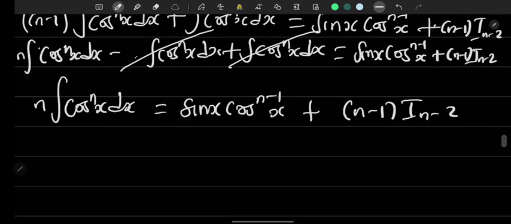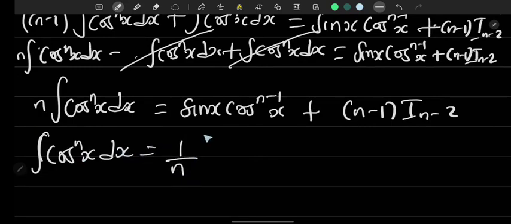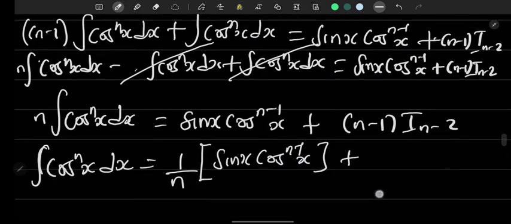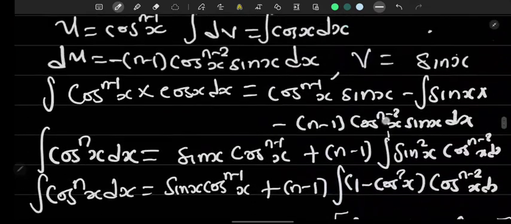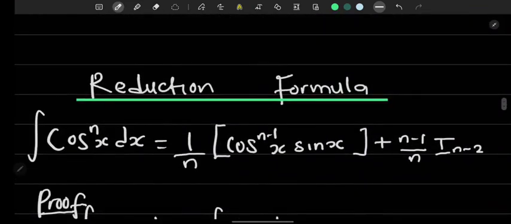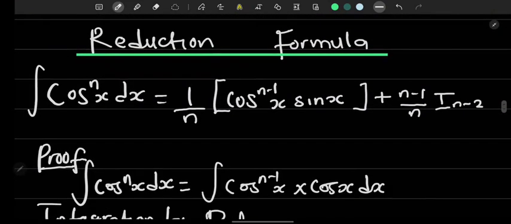So you divide both sides by n, so you finally have the integral of cos^n x dx equals 1 over n times the bracket of sine x cos^(n-1) x plus (n minus 1) I_(n-2). This formula can only be used when n is greater than or equal to 2. So this is the reduction formula, which is the proof of this formula for cos^n x dx.